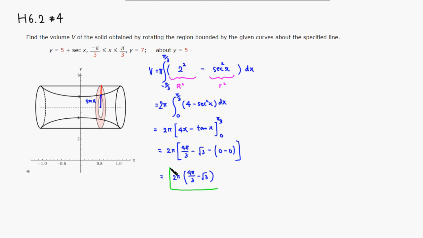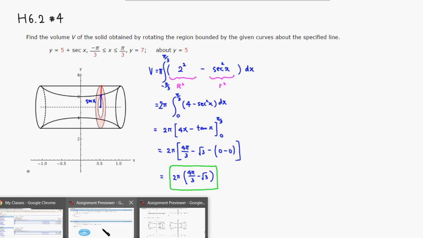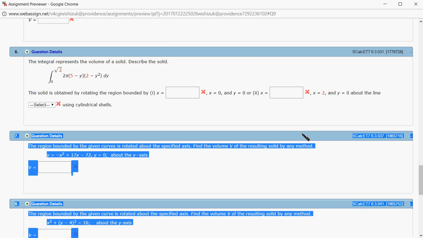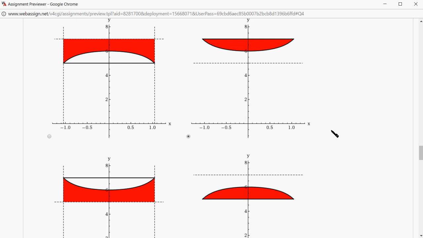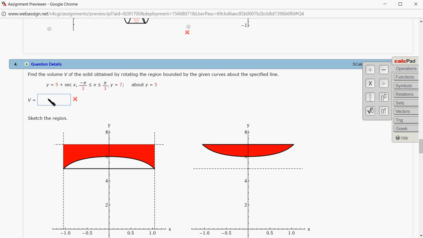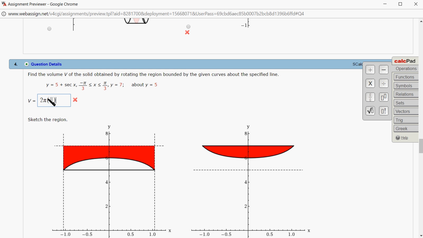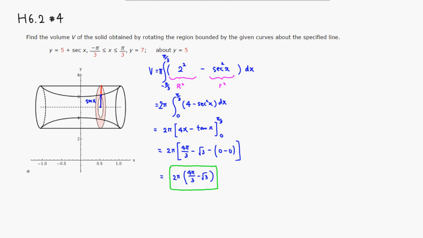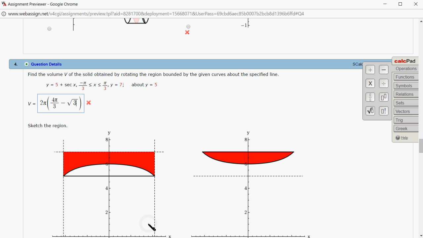So this is the volume of the solid we're interested in. Let's type it in. We have 2 pi times 4 pi over 3 minus square root of 3.